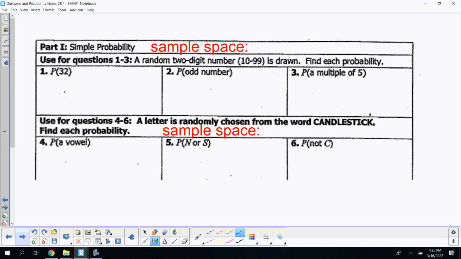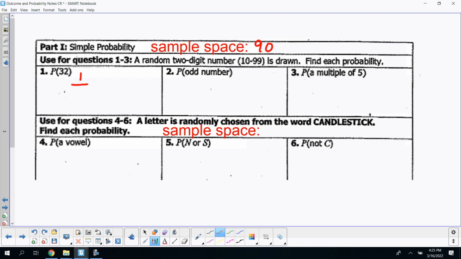Okay, let's take a look at the next page. A random two-digit number, 10 through 99, is drawn. We need to find the probability. Well, first we need to define the sample space. If we are looking at two-digit numbers between 10 and 99, that gives me a sample space of 90 possibilities. So what is the probability that I draw the number 32?